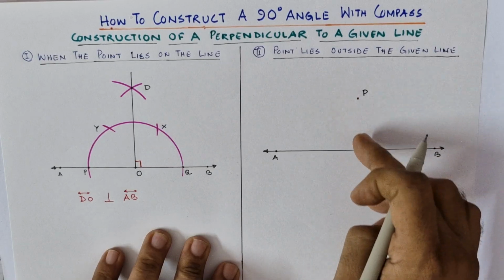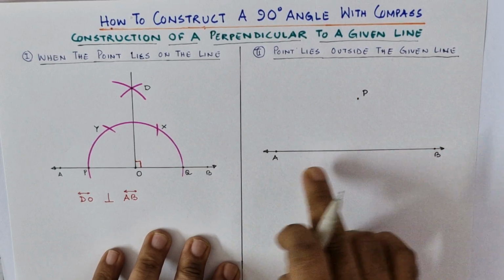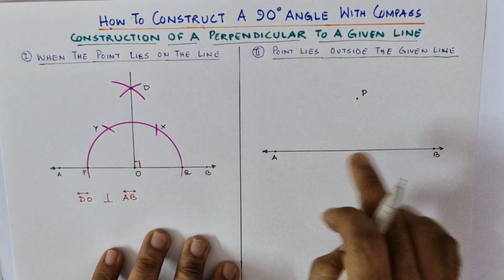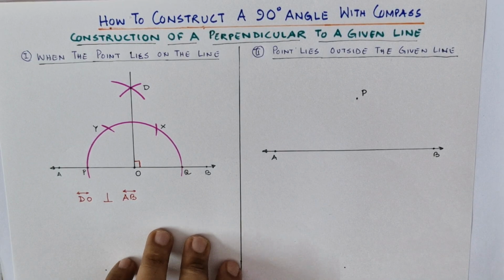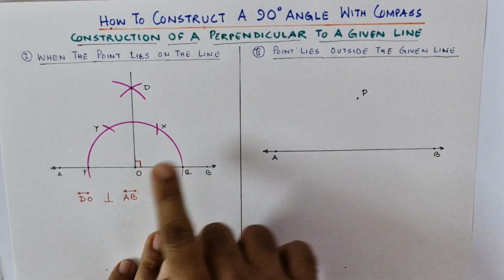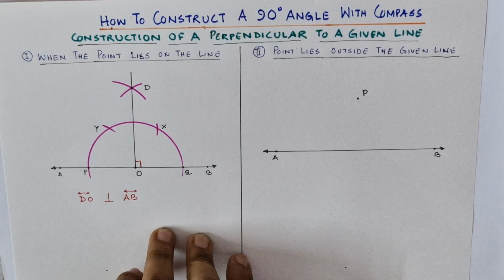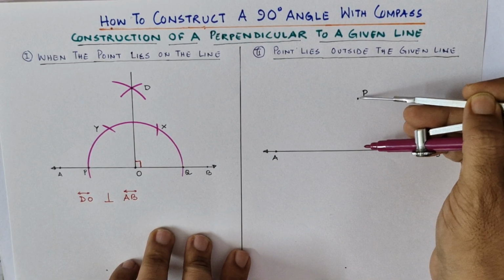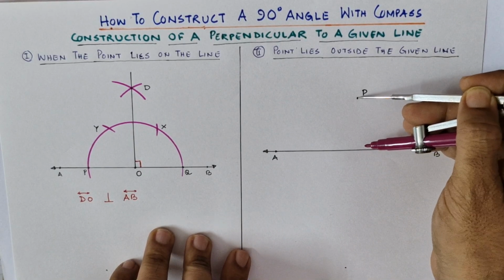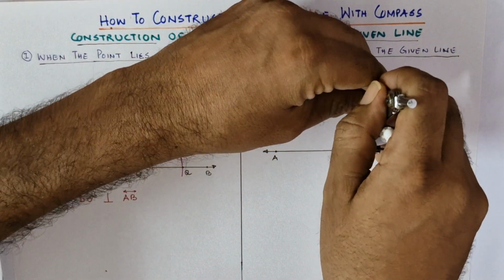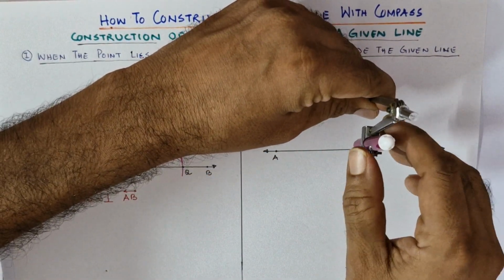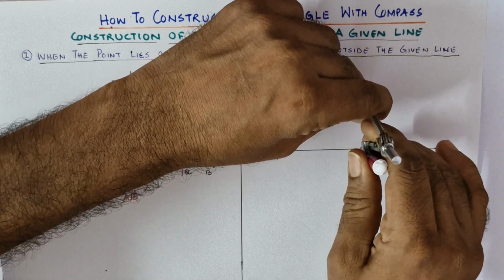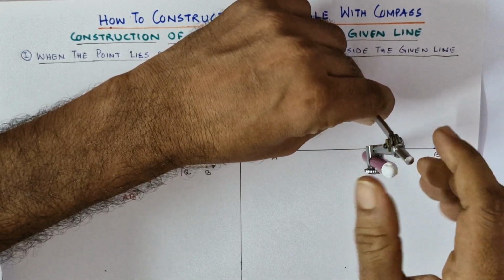Now how to draw a perpendicular which will make a 90 degree here? This is a different scenario than the previous one. So we'll take P as center and take an appropriate radius. It will be just more than the distance from P to AB. Got it?